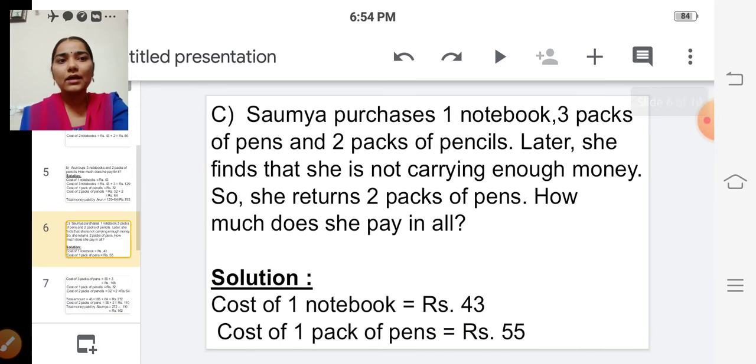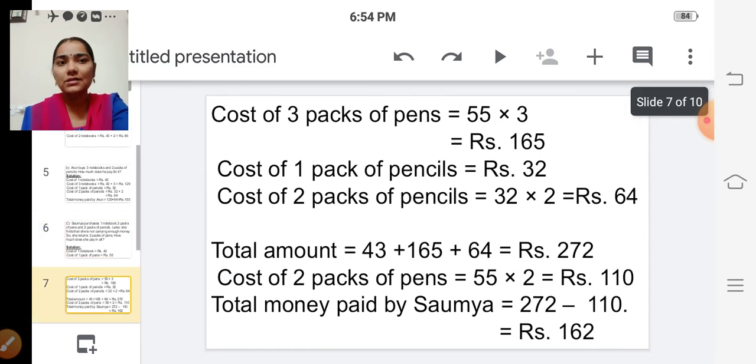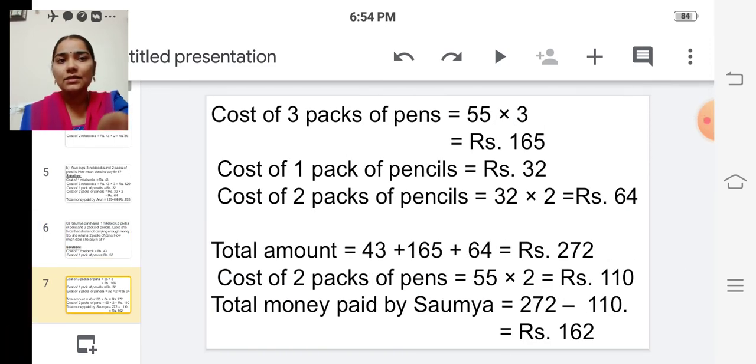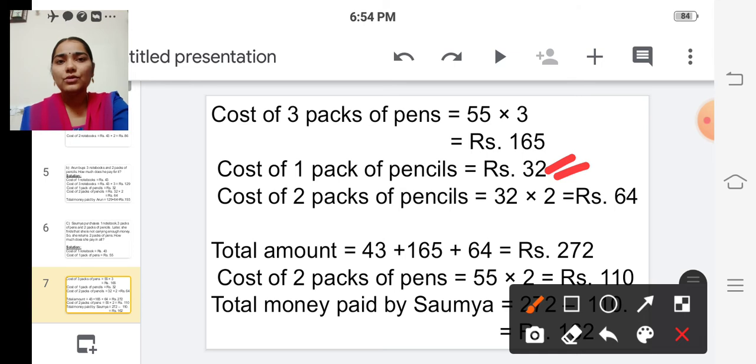And again what they have given? Again she bought 2 packs of pencils, isn't it? What is the cost of 1 pack of pencils? It is rupees 32. So we have to find out cost of 2 packs of pencils.